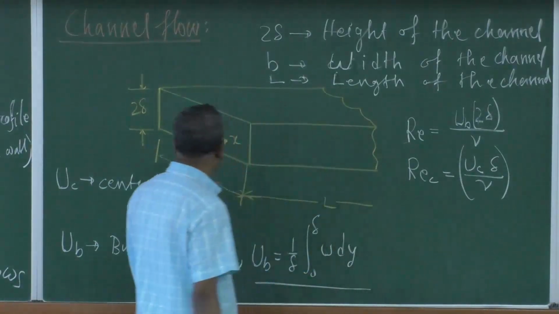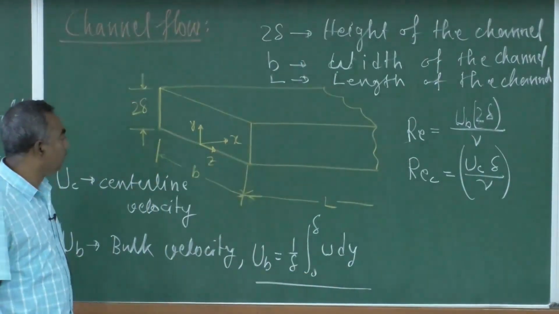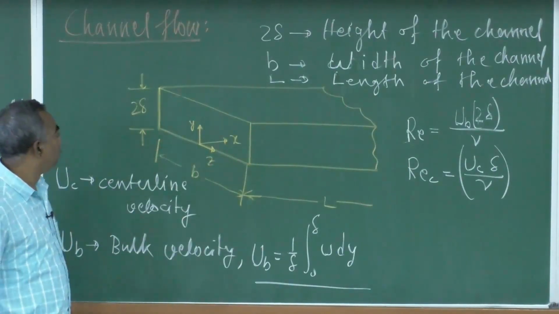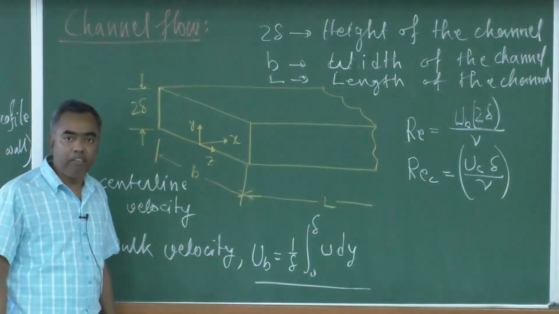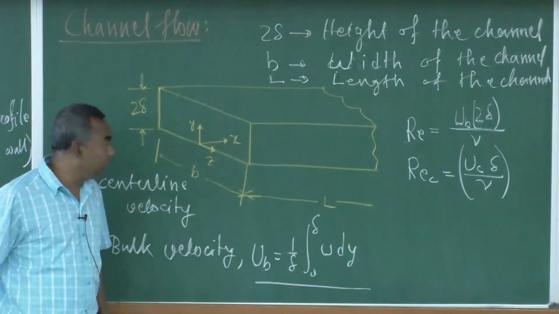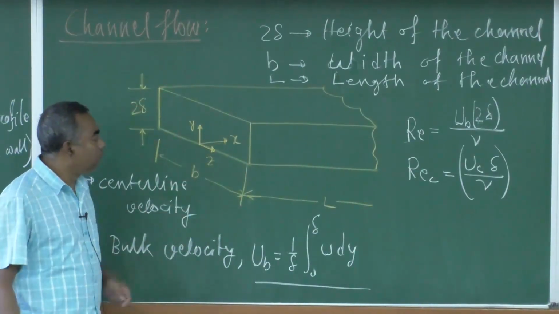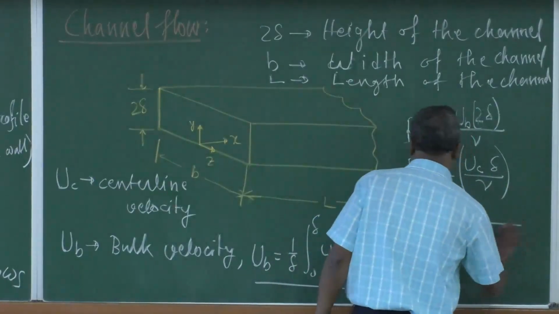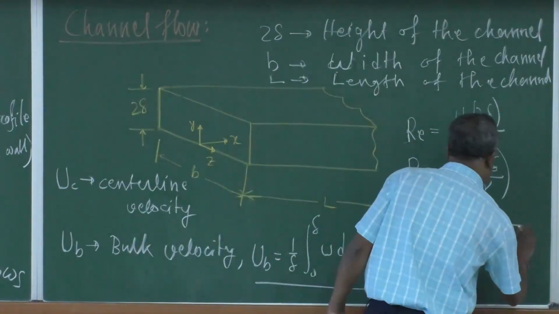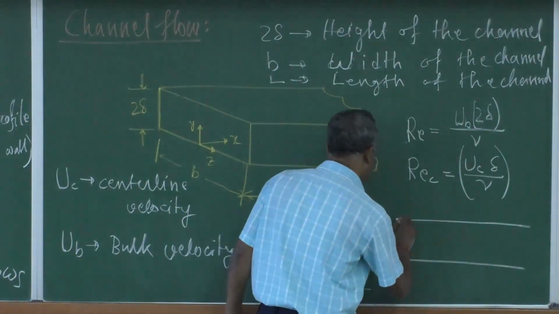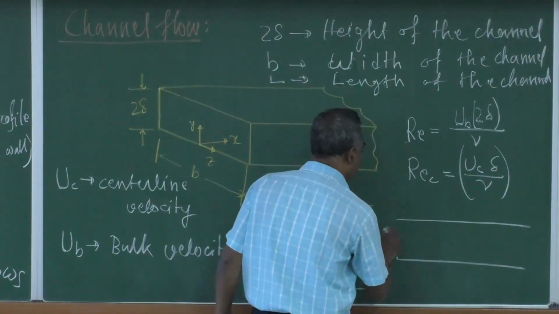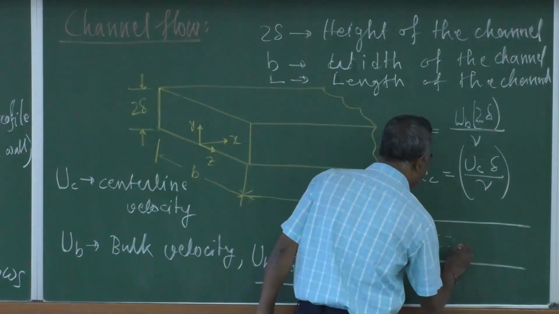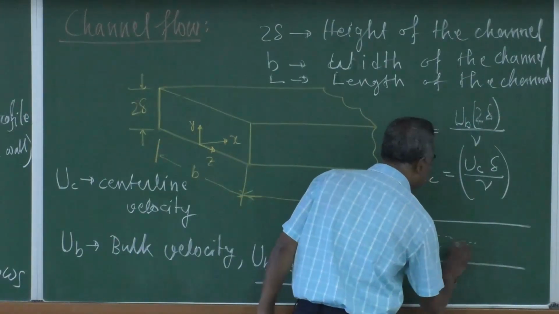We will talk about only developed channel flows. Initially, when there is a flow through this channel, there will be a developing region. For example, let me draw the cross section of the channel. The moment the flow is inside, a boundary layer will develop and meet somewhere downstream.